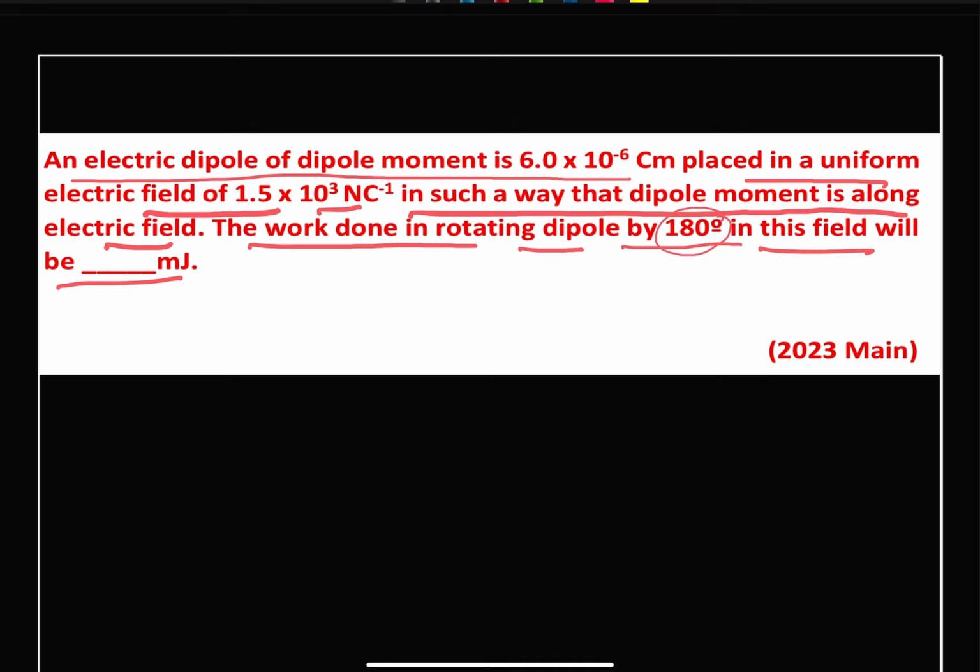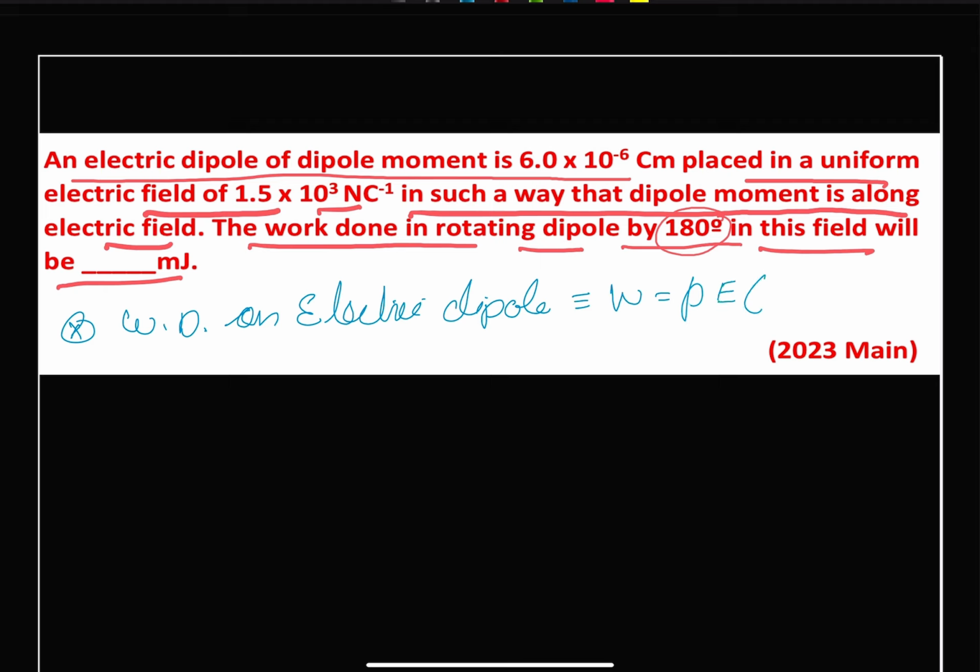So therefore we can say the work done on the electric dipole, let us call that W, will be equal to dipole moment multiplied by our electric field, and this comes with cos of theta 1 minus cos of theta 2.